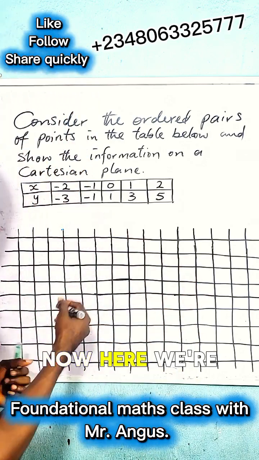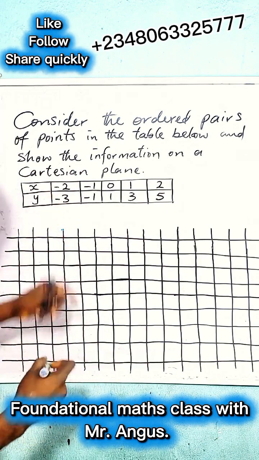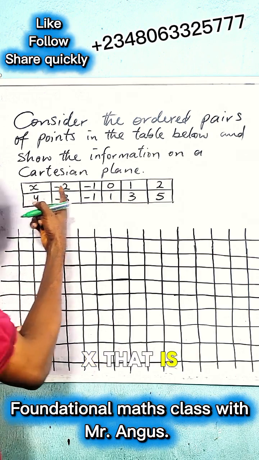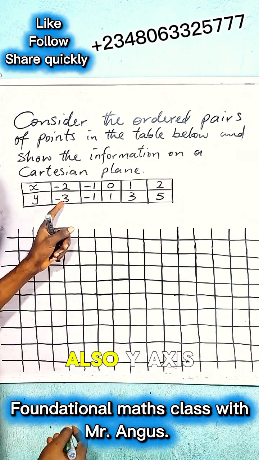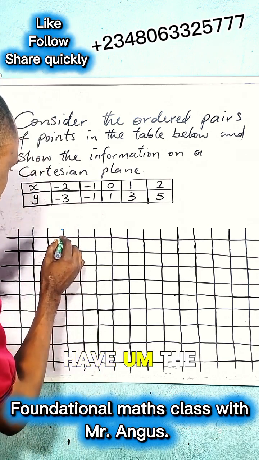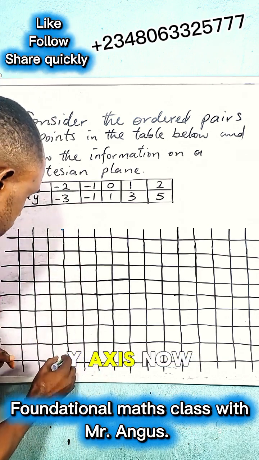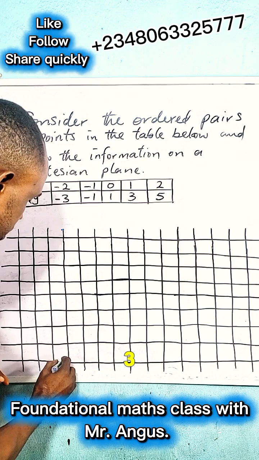Okay, now here we are going to plot this graph. The values of x, that is the x-axis, and also the y-axis. So here we are going to have the y-axis. Here we have -3. This is -3.